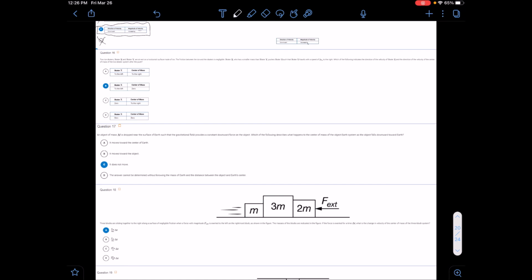Alright, so the first thing to note is that skater X is lighter, so X's mass is less than Y's mass, okay? So let's say you have a really heavy 2-ton block for some reason.